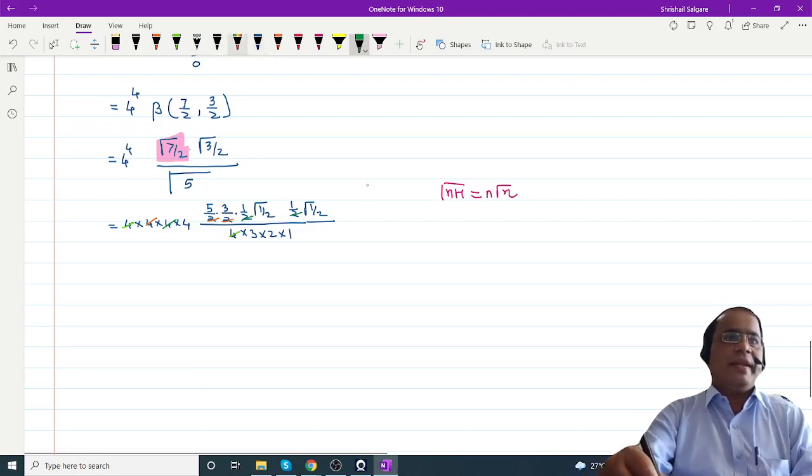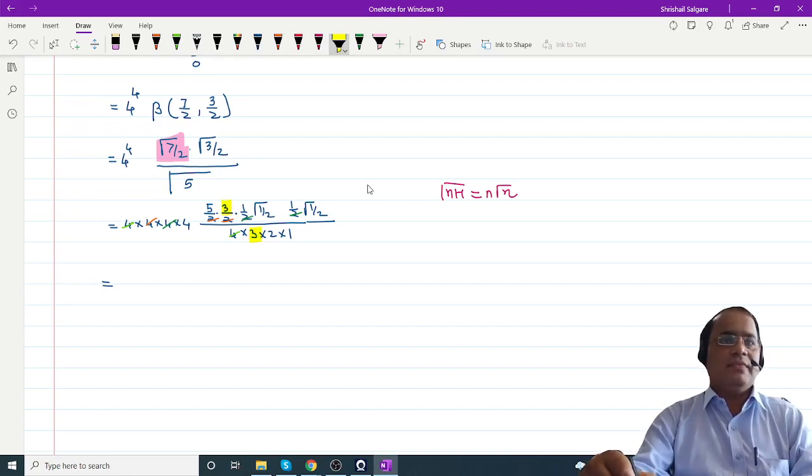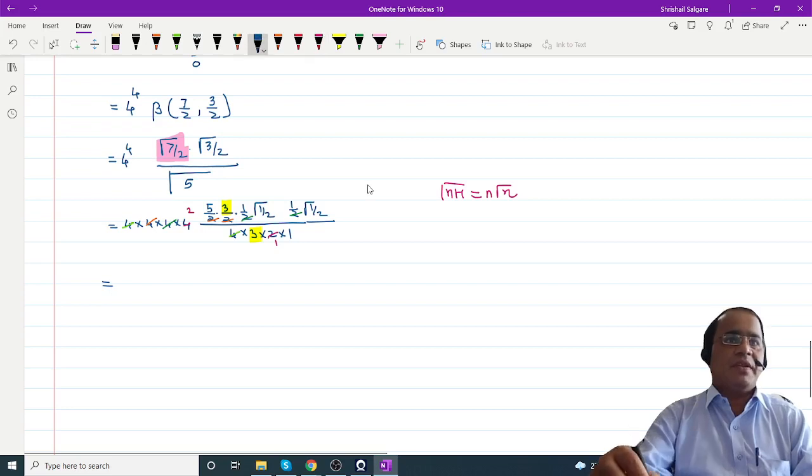Now the remaining, what are the remaining terms? I think one more term I can cancel. This 3 and this 3 also I will cancel. And also this term, 2 1s are 2, 2 2s are 4. Yes, what is the numerator after simplification?